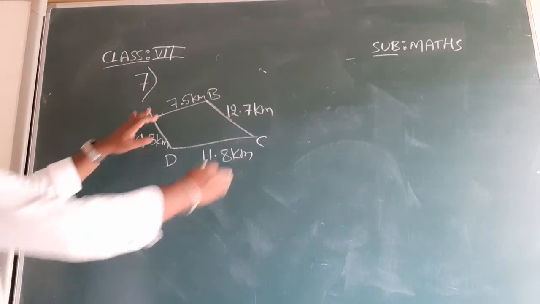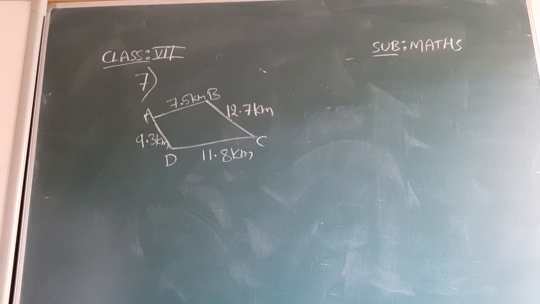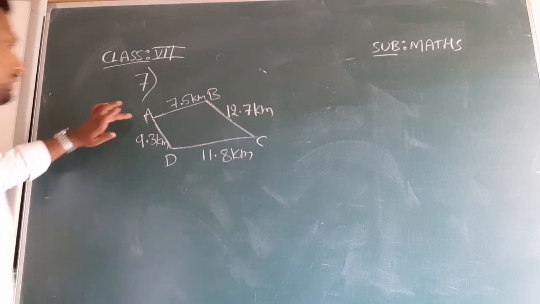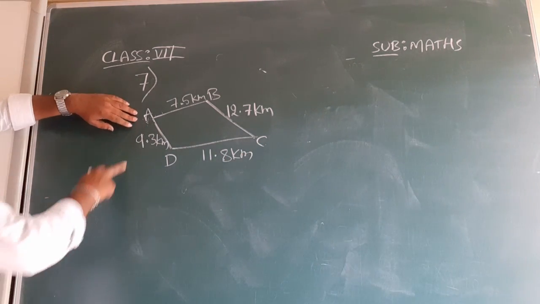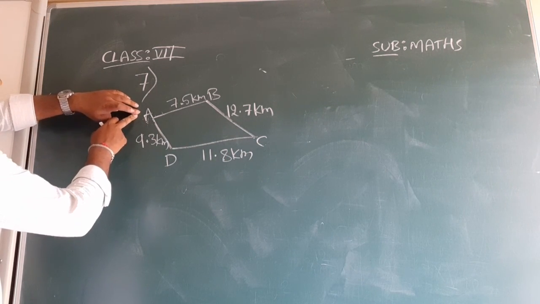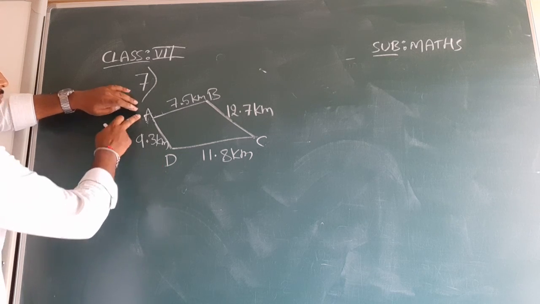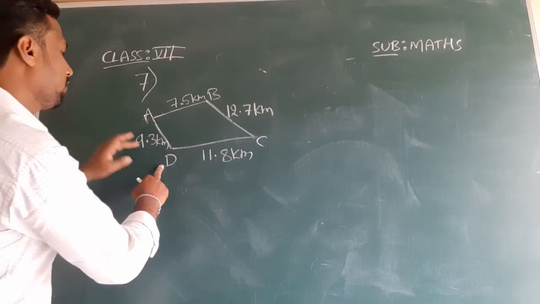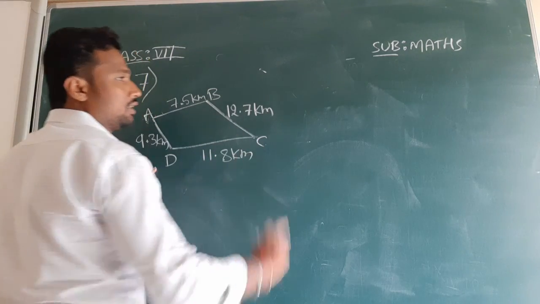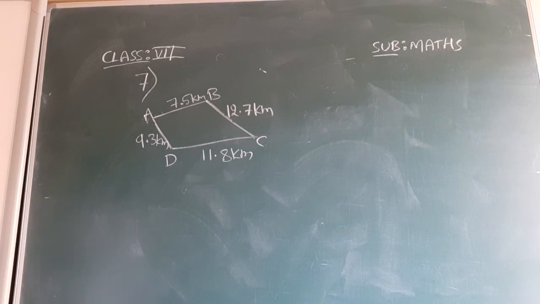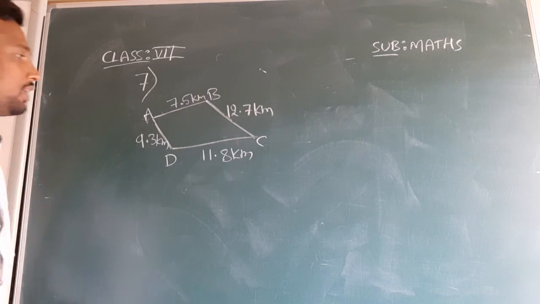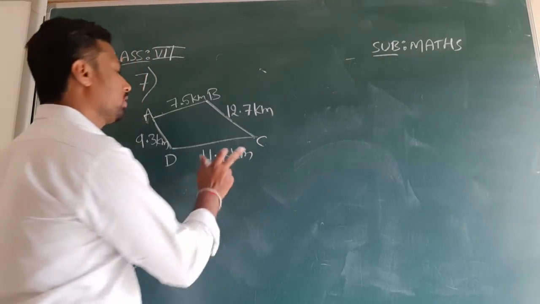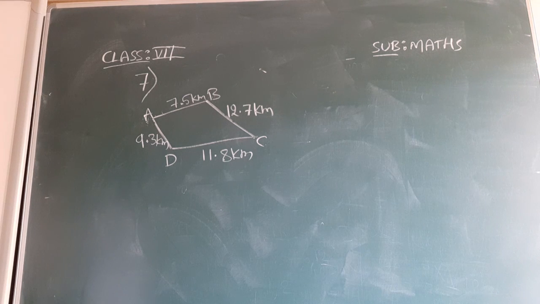So this is the total distance travelled by Dinesh. And another person, Ayub, is also going from point A to point C, but he will follow a different path. From A he will first go to D, and again from D he will go to C. And here also they have given the distance between A and D, that is 9.3 km, and the distance between C and D is 11.8 km. And now they are asking who travelled more.